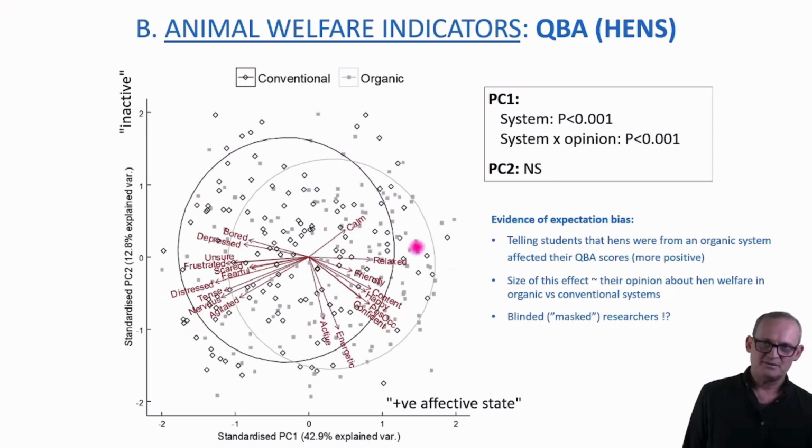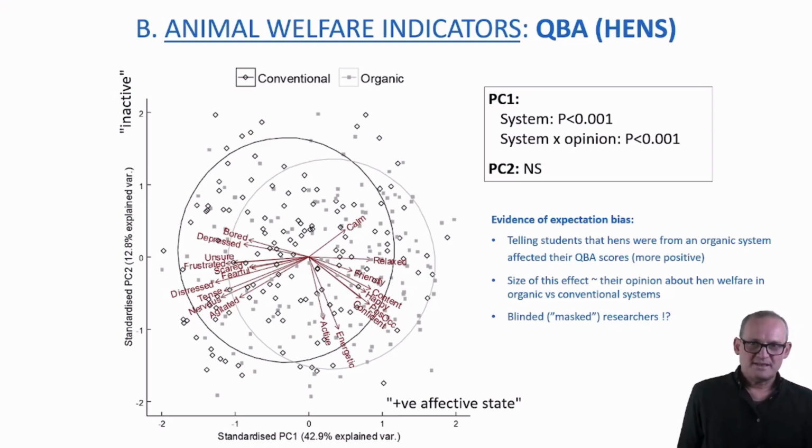The shift is towards the more positive terms, towards a more positive affective state. So terms such as whether the animals were relaxed, friendly, content, happy, confident were given higher scores, whereas negative terms such as depressed and frustrated were given lower scores, whereas in reality it was exactly the same video clip.